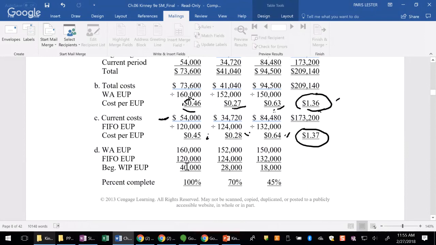Here, all you had to do though, divide 124,000 by 152. It says weighted average 152. Divide 124 by 152. What do you come up with?